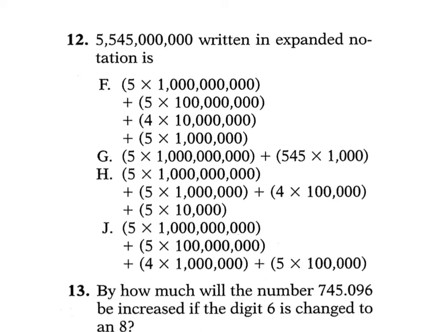So we can cancel out G, and we can cancel out H, and we're left with F and J. And then next we have 4 in the 10 million place, so we can go ahead and cancel out J, because J has 4 in the 1 million place, so our answer would be F.